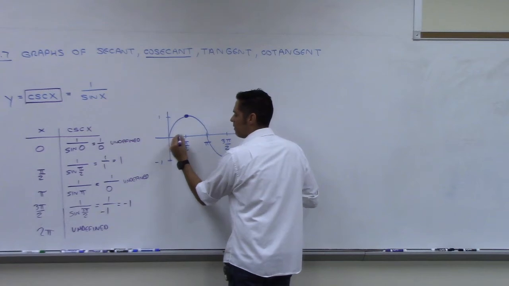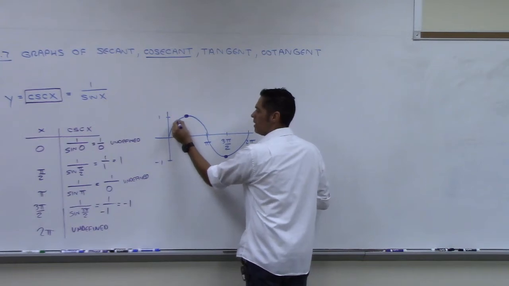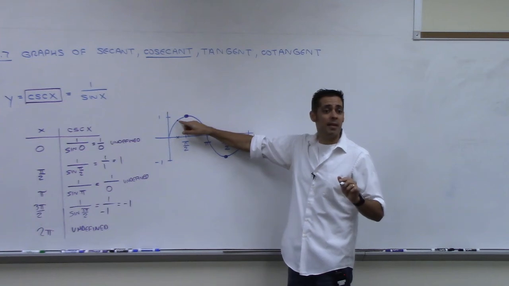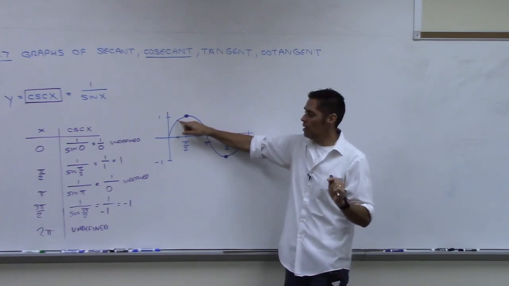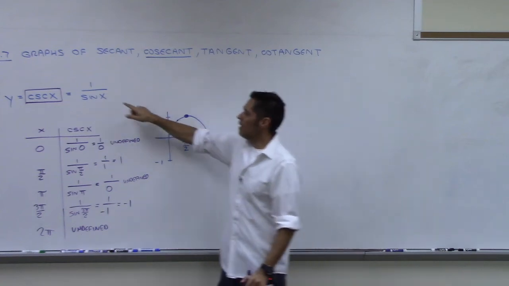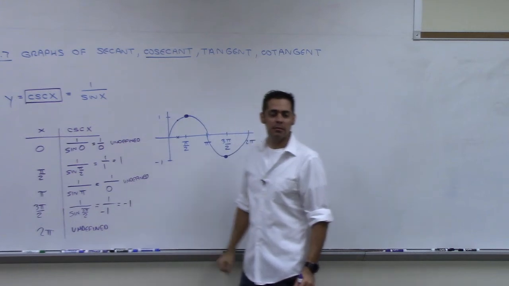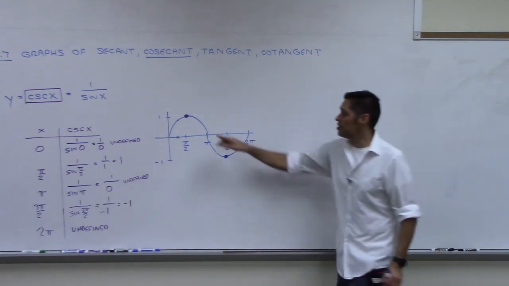If I pick something right here that's smaller than pi over 2, and I plug it in to sine, I'm going to get a number out, right? That number is going to be smaller than 1. Agreed? Smaller than 1. What if I took that and I did 1 over it? It's bigger. It's going to be bigger than this number, isn't it?